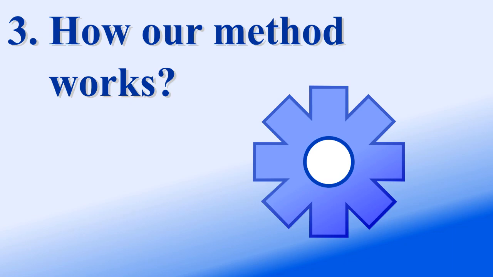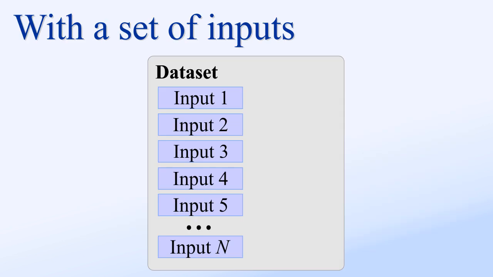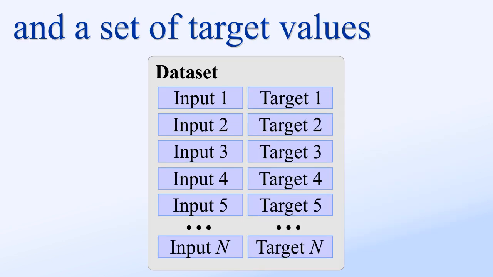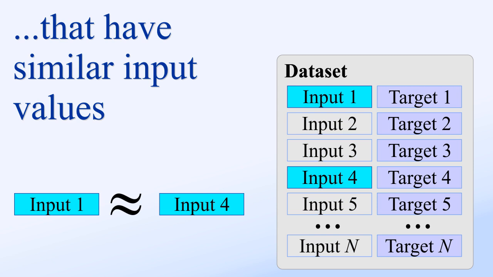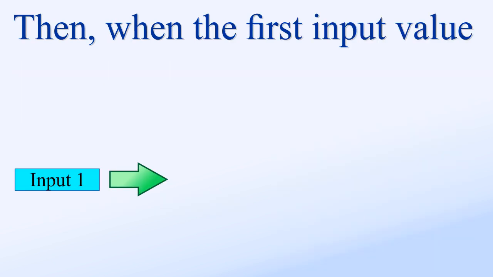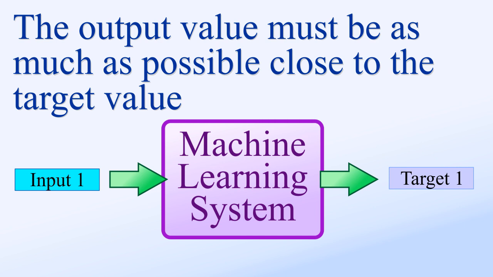How does our method work? If you have a dataset with a set of inputs and a set of target values, and if there are two examples in the dataset that have similar input values, then when the first input value is applied to a machine learning system, the output value must be as close as possible to the target value.